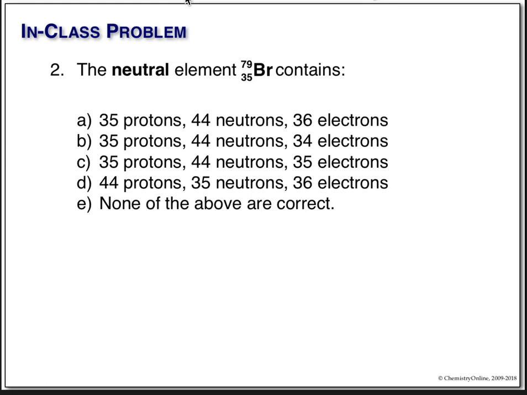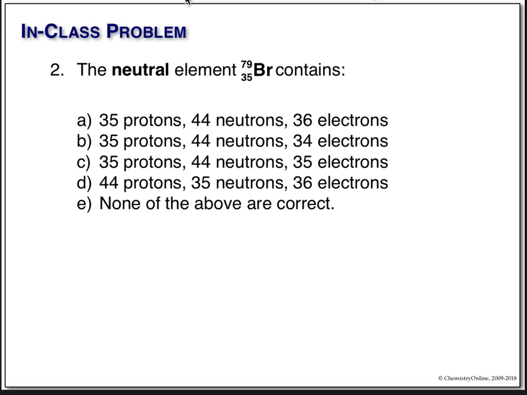That's the number of protons. 35. A, B, or C, or the dreaded none of the above. How many neutrons? 79 minus 35 is what? 44. A, B, and C.